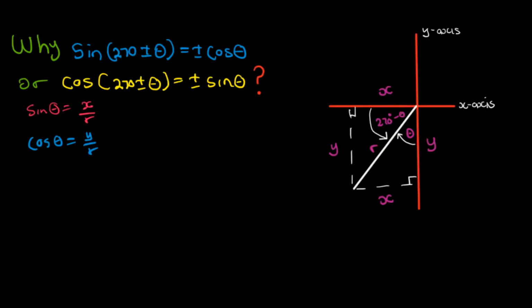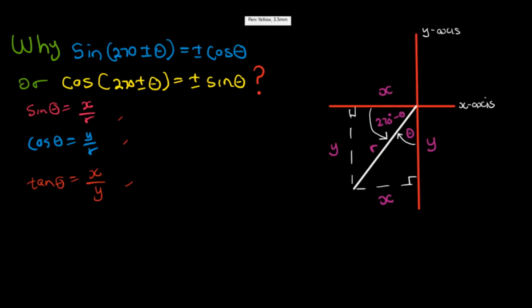And then we want to find tan of theta, which is the opposite side, x, over the adjacent side, y, so it's x over y. Fine. So now we've identified the trig ratios using theta.